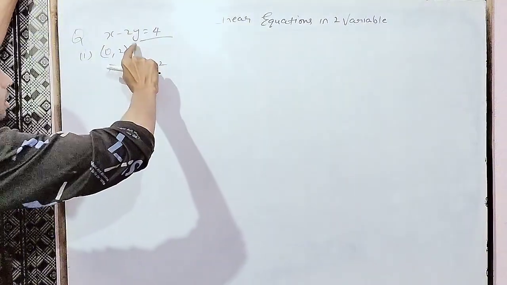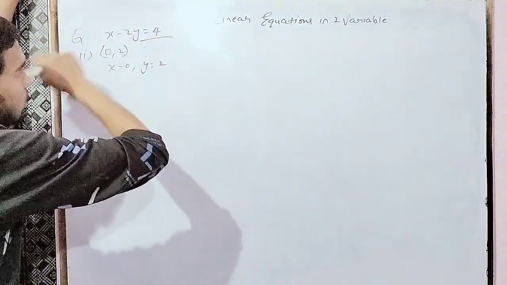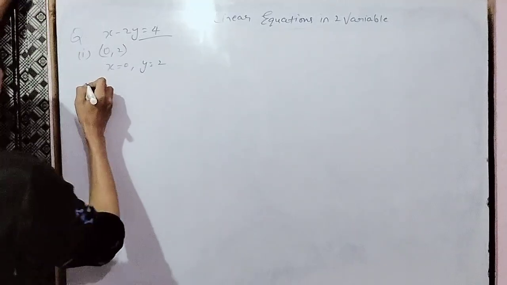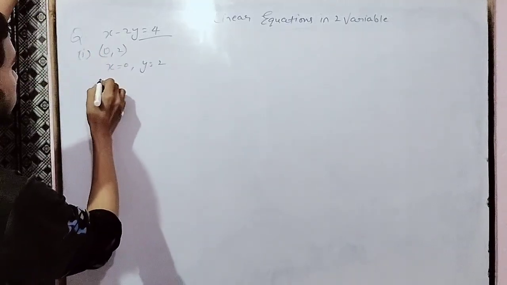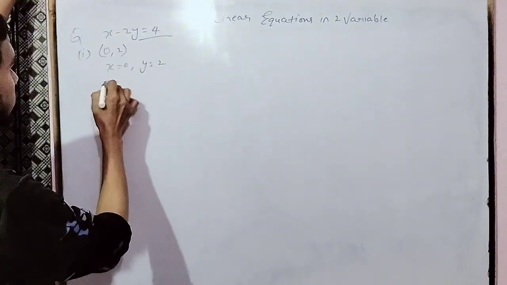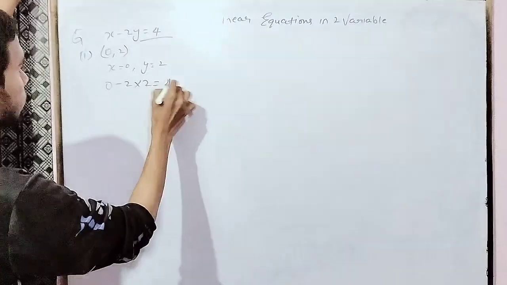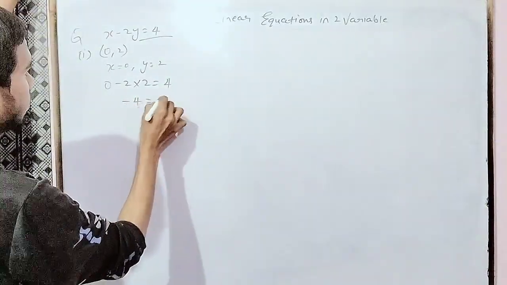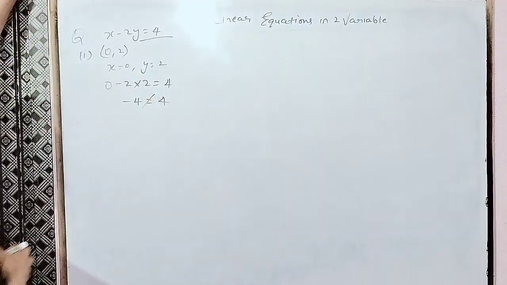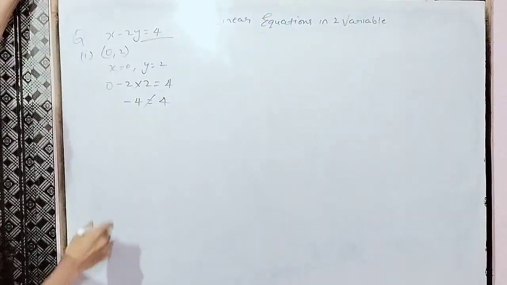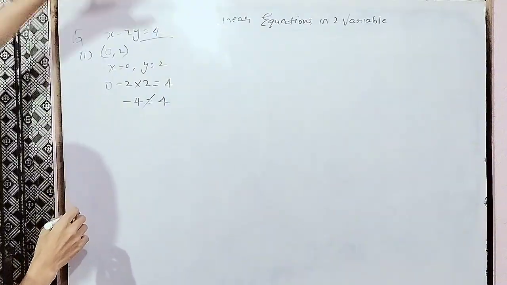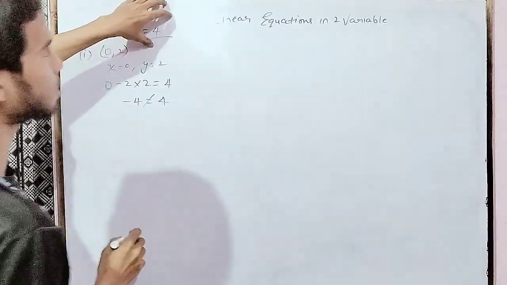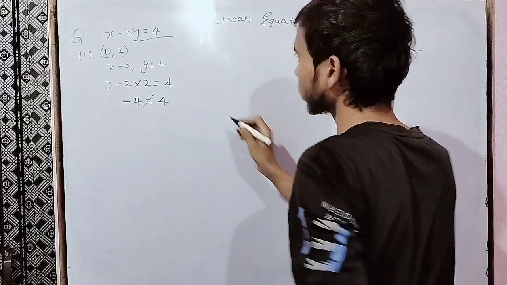So we can say when this will be equal to this. Next, x is 0 and y is 2, so minus 4 is equal to 4. No, this is not equal. Both are not equal, so we can say it does not have solutions.